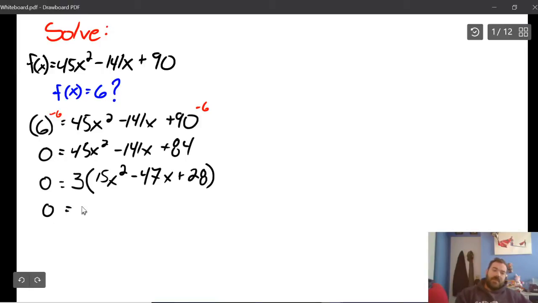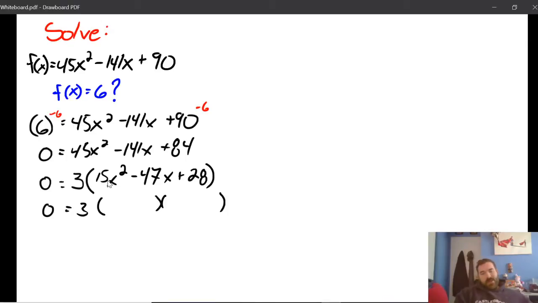Now that I've removed a GCF, I can now see if this is factorable. So I'm going to be looking for factors of 15, 28. So this is a complex trinomial. So let's do our decomposition here. So let's meddle with the middle. So I'm looking for 2 values.